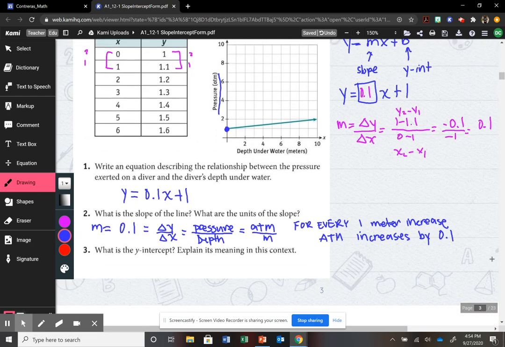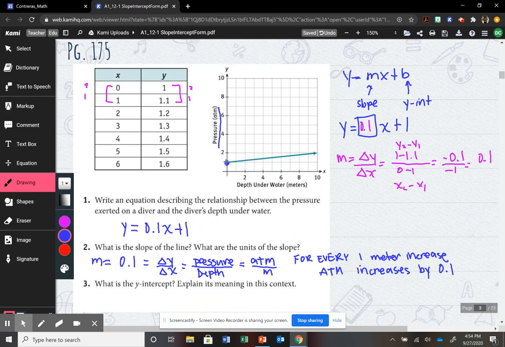So what is the y-intercept? And explain its meaning in context. So our y-intercept is 1, and that means we haven't gone any meters, right? So we discussed this. Our y-intercept is 1, which is when x is 0, y is 1, and that means the amount of pressure that our diver begins with.